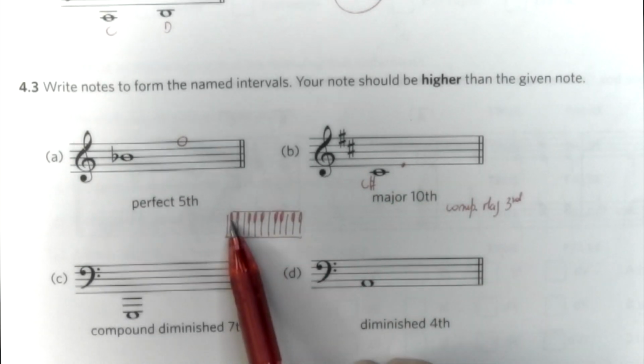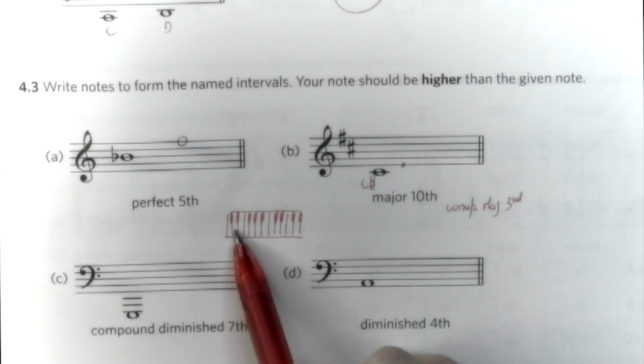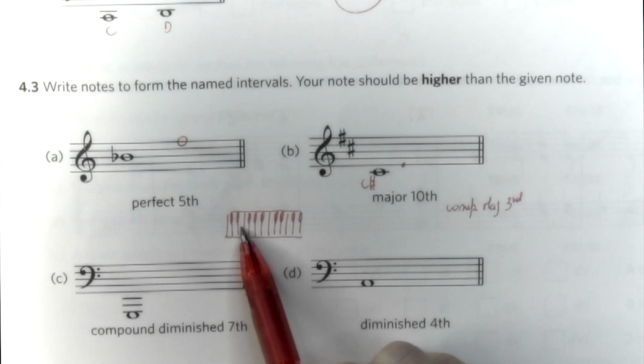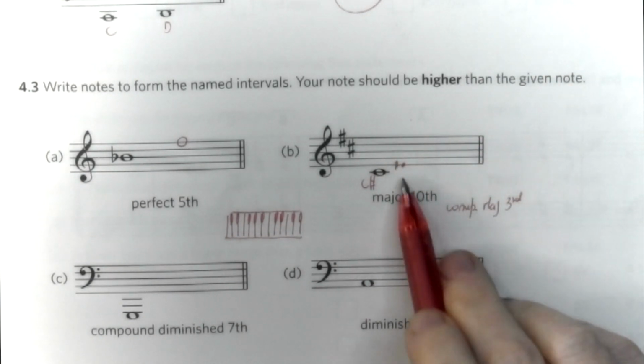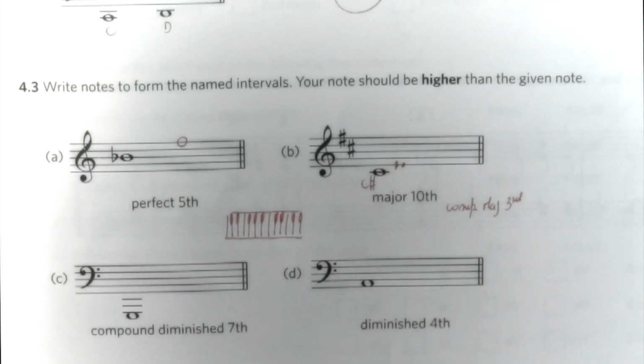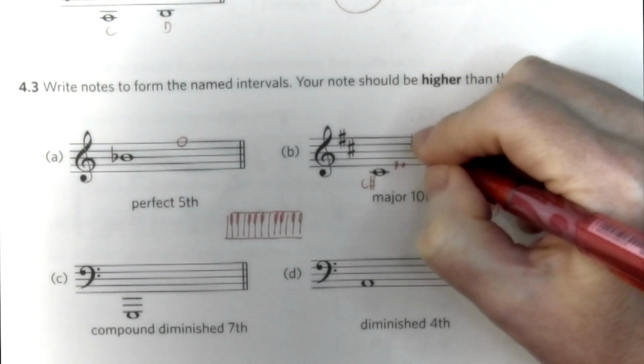A major third is 2 tones away, so do sharp, 1 and 2. So again, 1 and 2, mi sharp. Now, mi sharp, an octave higher, which means this.